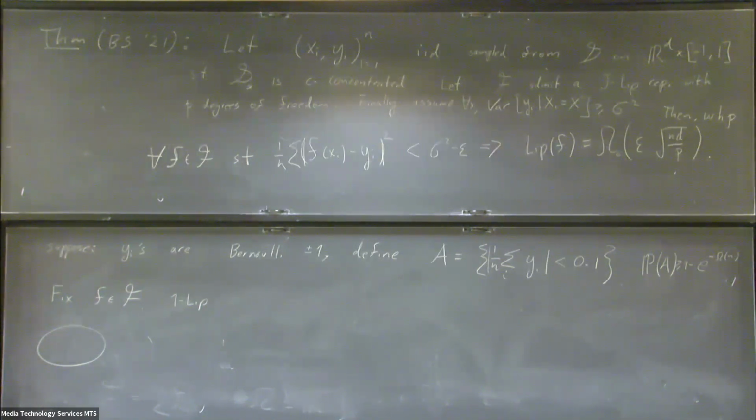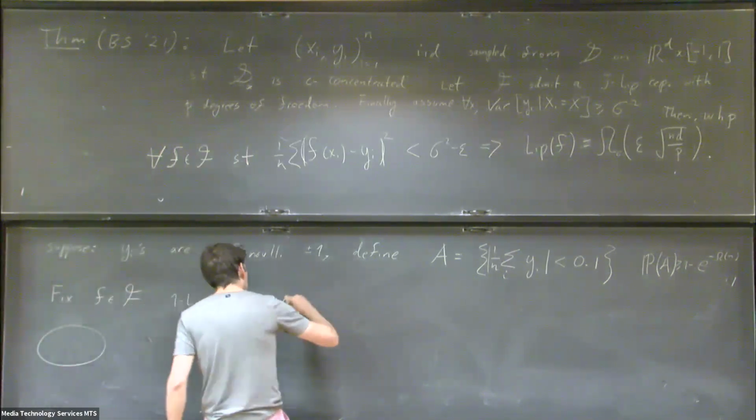It's 1 over root d concentrated. So f cannot be very close to both -1 and 1 on large sets. Either the set where f is close to -1 is very small, or the set where f is close to 1 is very small. Okay?